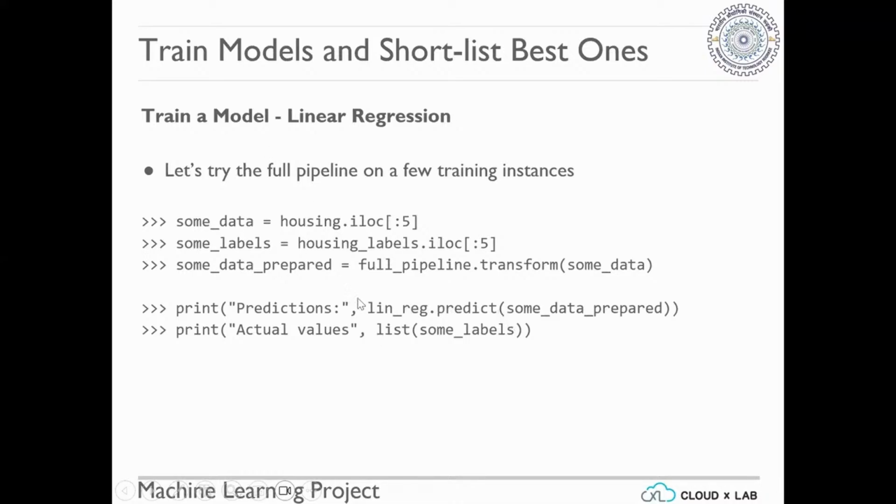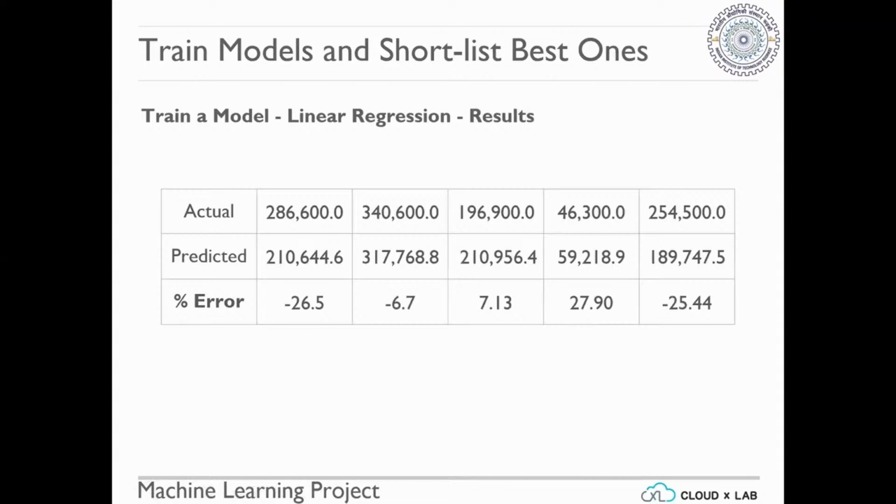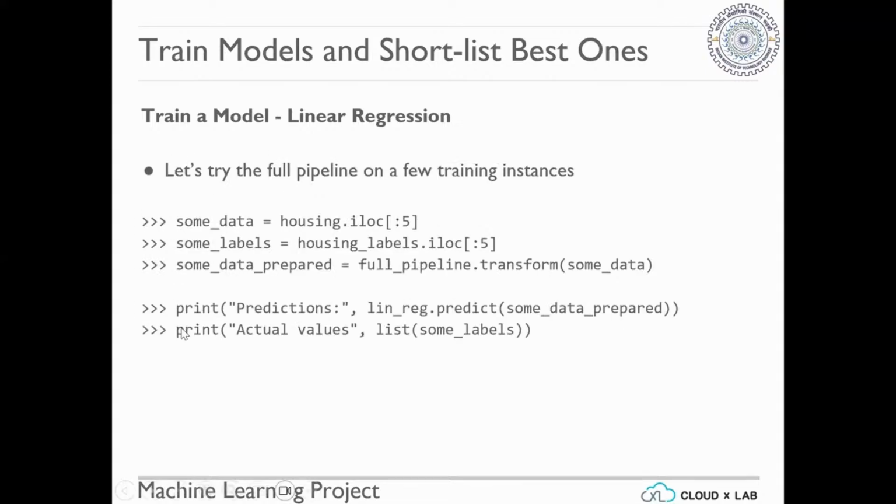So any doubt in this code? Okay, so here using this predict method, we can make predictions, right? Okay, so this is the result if you use this linear regression model.